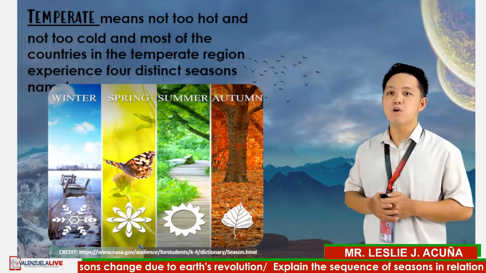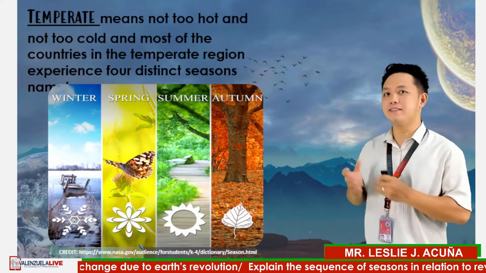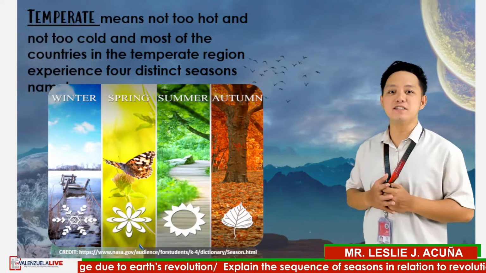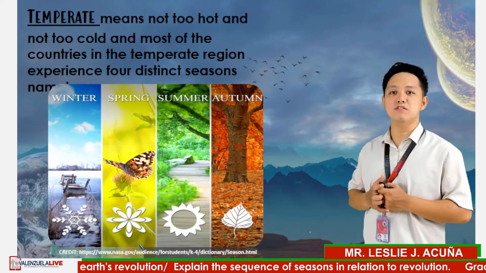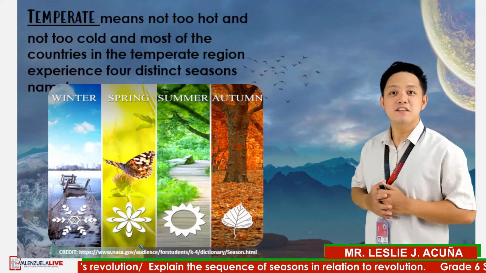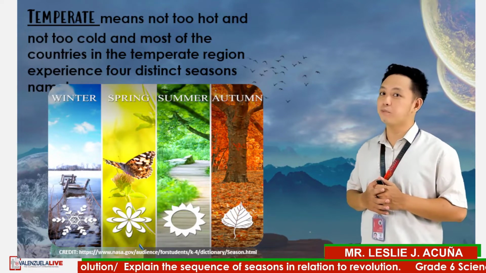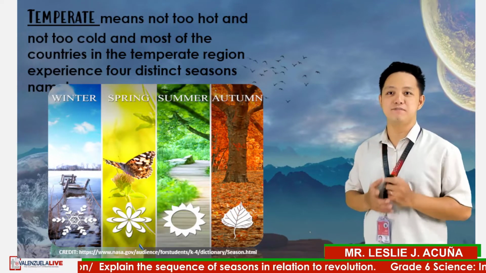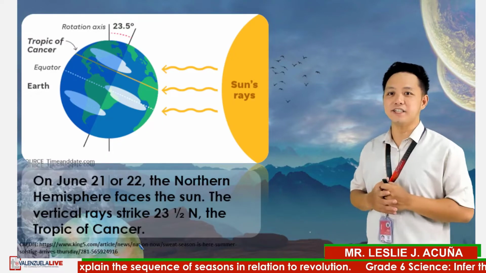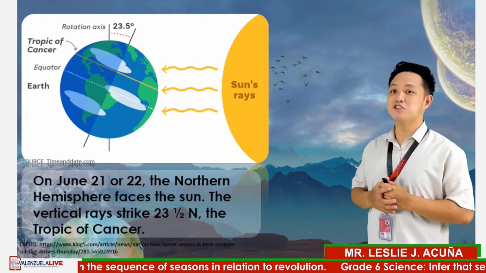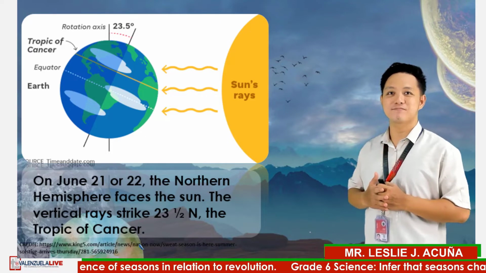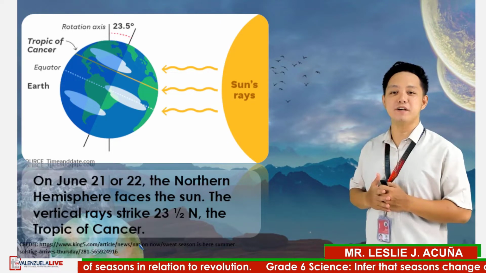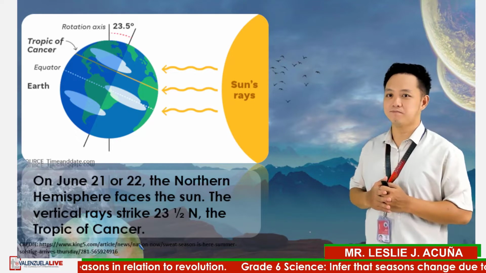A while ago, we learned that rotation and tilting of the Earth's axis and its revolution around the sun cause different seasons on different parts of the world. Let us start. On June 21 or 22, the northern hemisphere faces the sun.